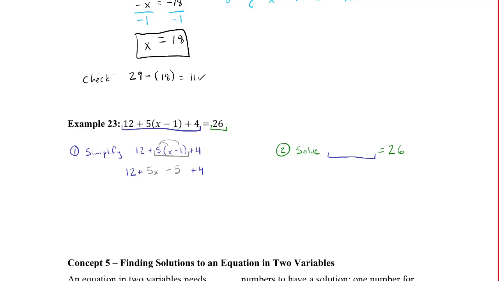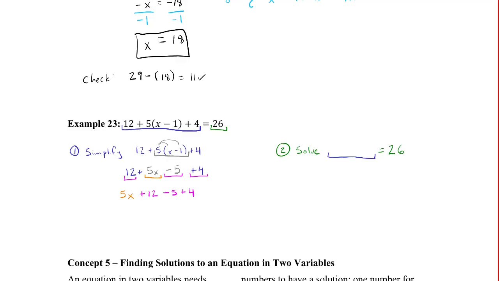So now we've distributed. Now there are no parentheses. All we still have left to do is to combine any of our like terms, including combining any numeric terms. I only have one variable term here, 5x. I'm going to put that at the beginning. Then I have 1, 2, 3 numeric terms with no variable. I'm going to put those next. So I'll have a plus 12, a minus 5, and a plus 4.